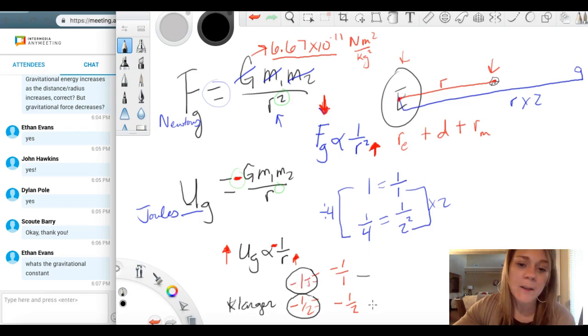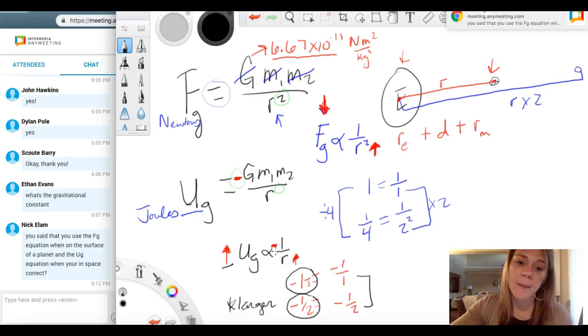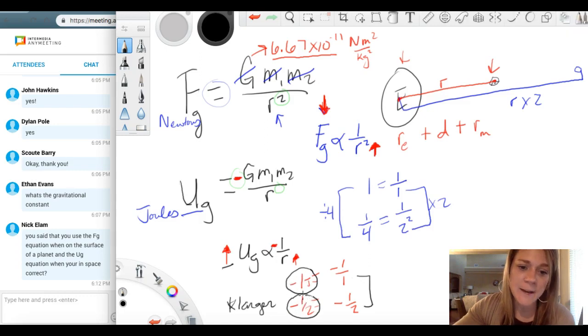So as the distance between the centers increases, we also get an increase in gravitational potential energy. If we were to take the negative sign away, it would appear like it gets smaller, but because that negative sign is there, it actually gets larger because this is a scalar value.